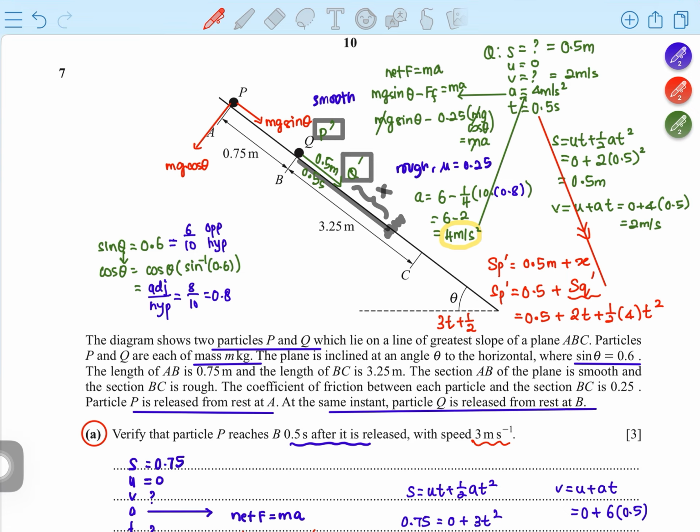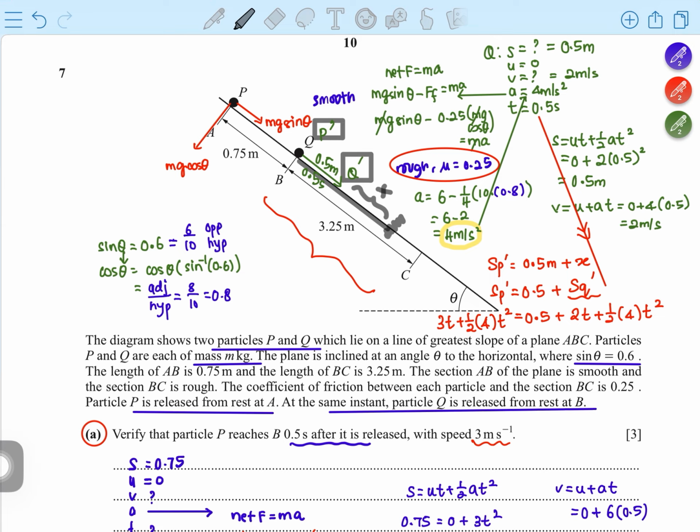The P prime, or the particle P, is now going to travel on this path BC, which is rough. Because it is rough, that acceleration is going to be similar to your Q. So you're going to use the 4. Okay, 4t squared.